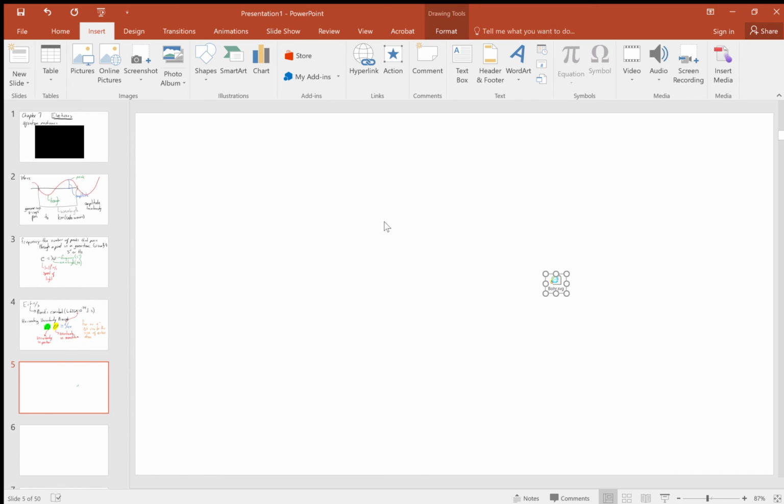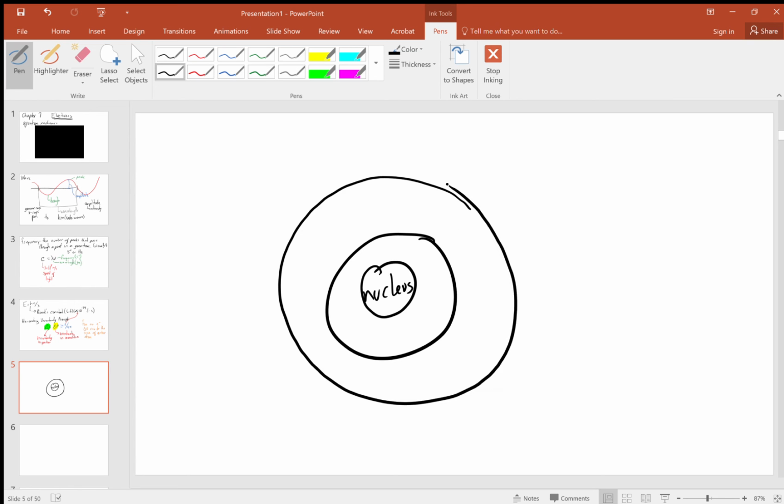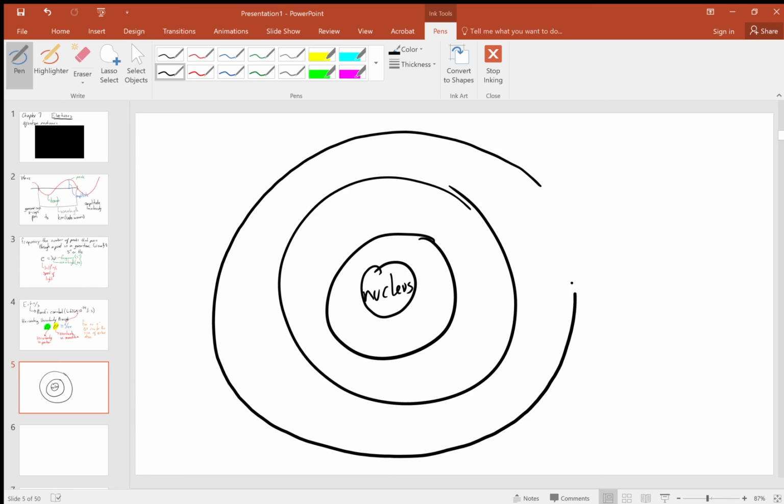All right, that picture doesn't seem to want to load. So remember, the Bohr model is where we have our nucleus, and then the electrons operate in these orbits around the nucleus.